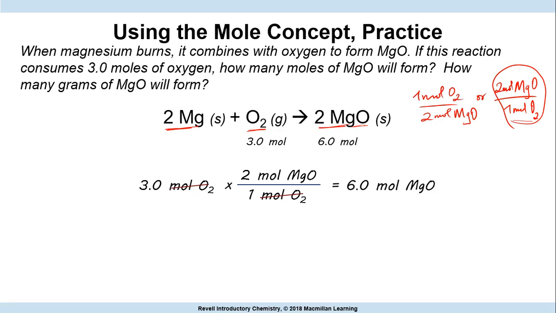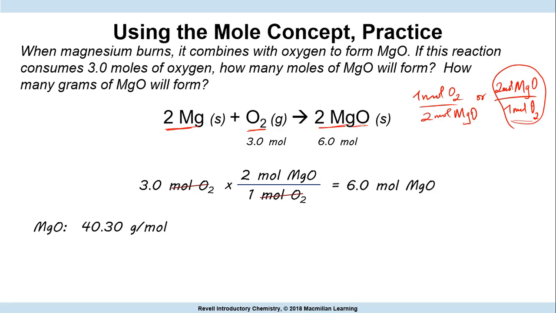Now the next question is, how many grams of magnesium oxide will form? For us to convert from moles of magnesium oxide to grams of magnesium oxide, we have to use the molar mass of magnesium oxide. Looking at the periodic table, you should be able to calculate the molar mass of magnesium oxide. The molar mass of magnesium oxide will be 40.30 grams per mole.